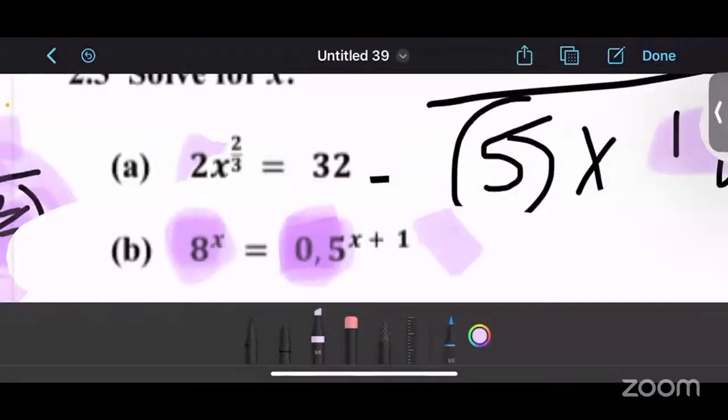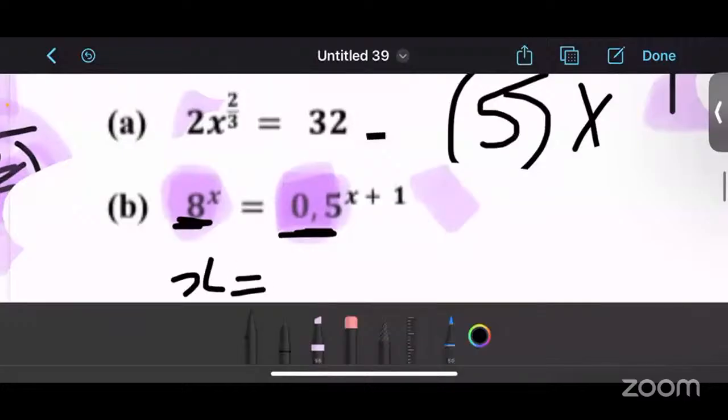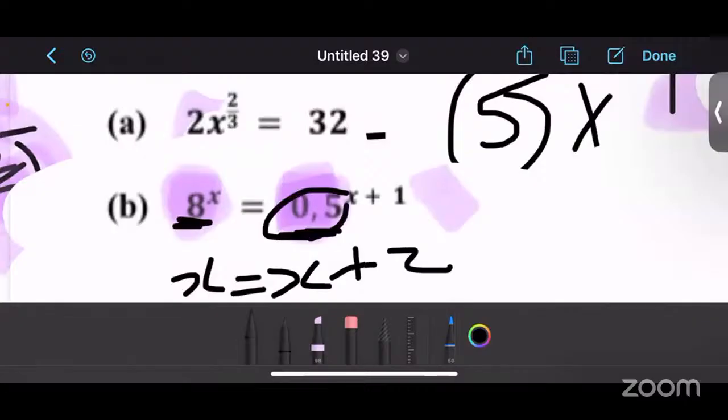So the first thing, remember, when you have something like this, you need to make sure that the bases are the same. If you have 8, you should have 8 as well. Then you can say x is equal to x plus 2, if 8 is your base. If you have 8, then you need to know how to convert the 0.5 to 8 to the power of something, or maybe a number that you can convert both of them to.